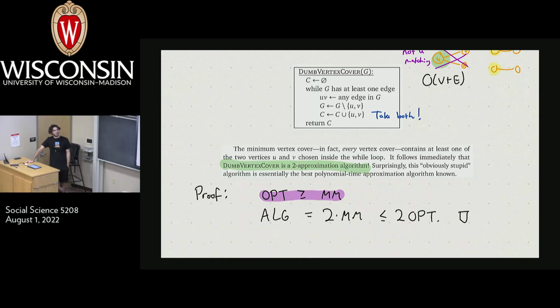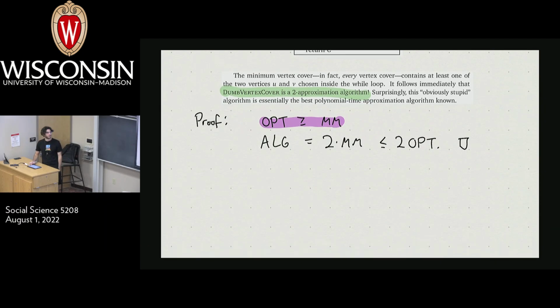And it's a completely open problem whether we can make that 2 smaller. Maybe you could make it 3 halves. Maybe you could make it 1 plus epsilon. Well, actually, we can provably not do 1 plus epsilon, but maybe you can make it smaller than 2, and we don't know. So, pretty crazy.